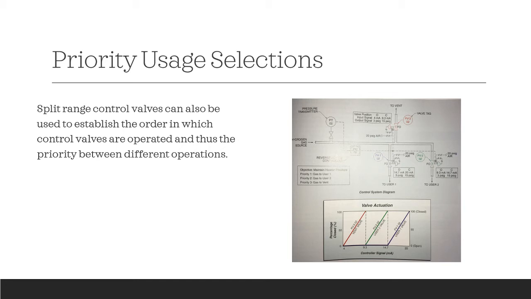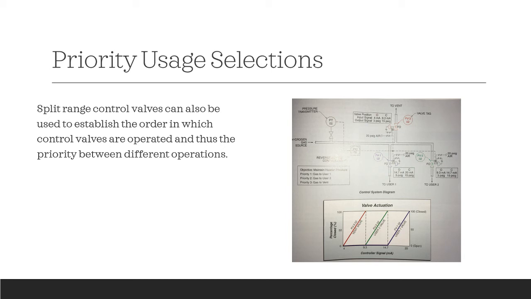Split range control valves can also be used to establish the order in which control valves are operated, and thus the priority between different operations. So in this diagram we have a pressure controller controlling three different valves instead of two. The primary is going to be the vent valve, while the input signal is at 4 to 9.3 milliamps. So the gas is going to come in.